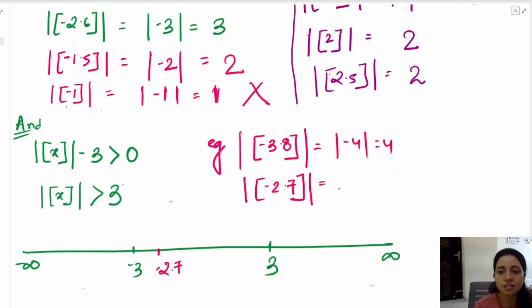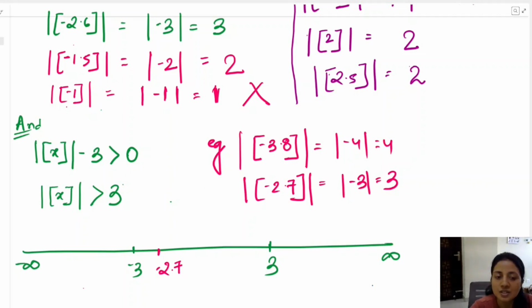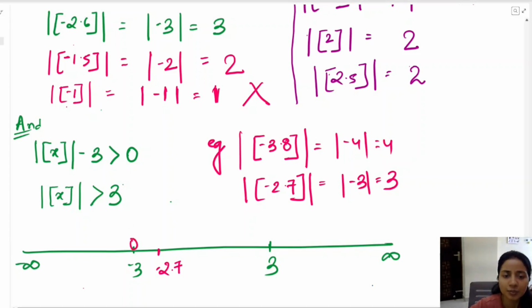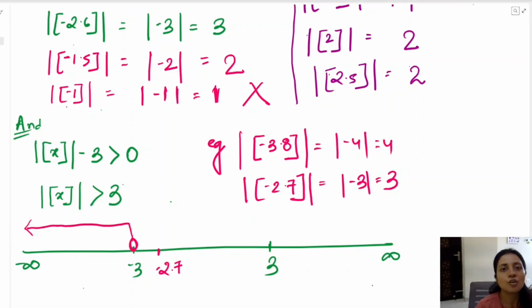This is giving us minus 3, that is just 3, and we can see this minus 2.7 is not satisfying our inequality. So the solution region will start from negative infinity and go till negative 3, where negative 3 will not be included.